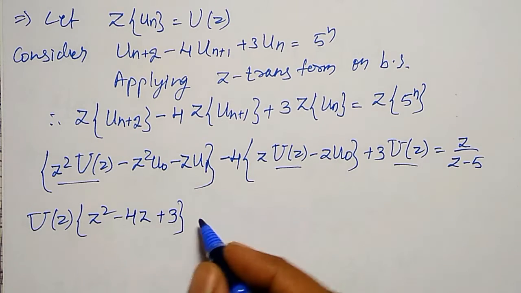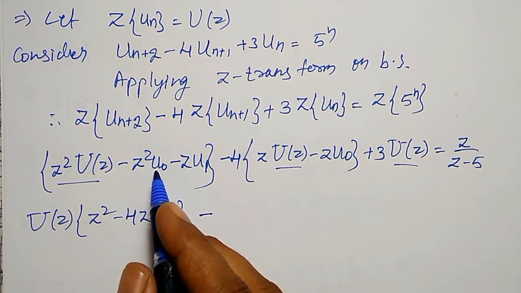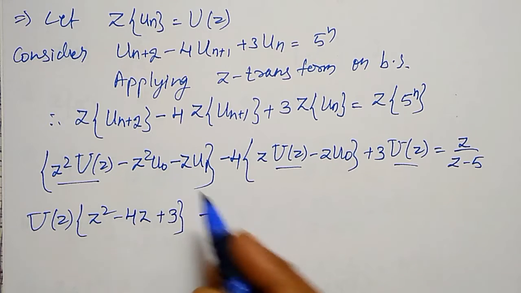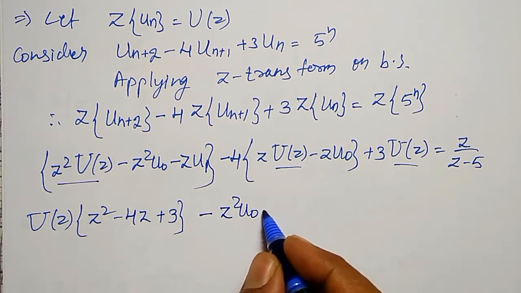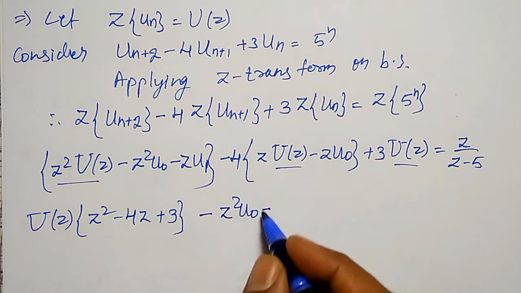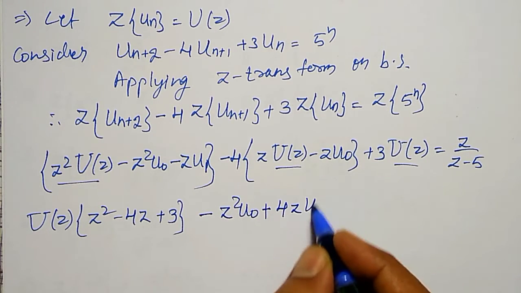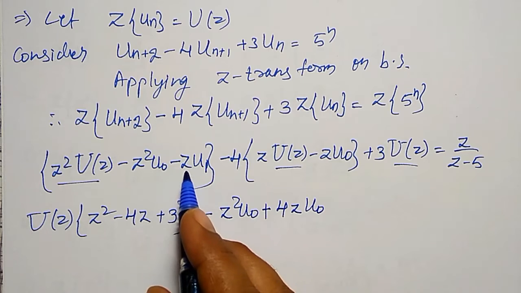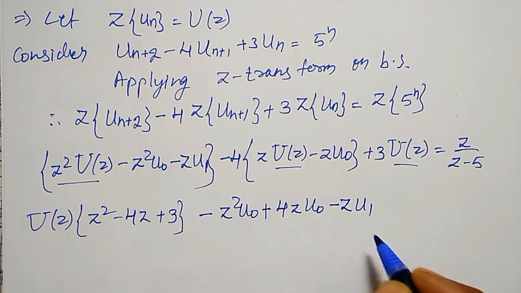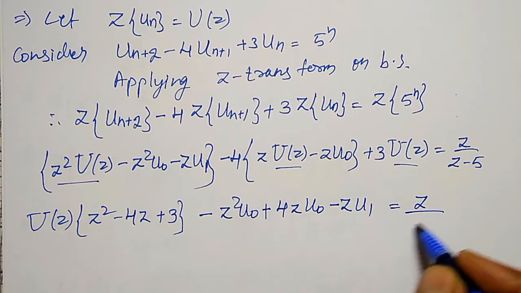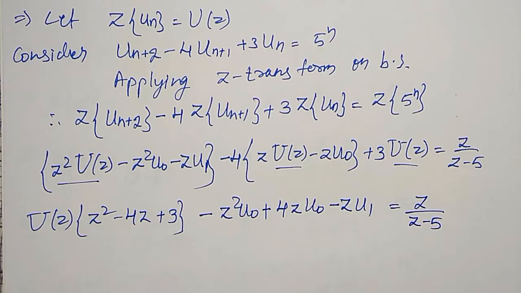Remaining terms: minus z squared u0, minus of minus 4z u0, that is plus 4z u0, and only one term with u1, minus z u1. Rest all terms I have used, which is equal to z divided by z minus 5.